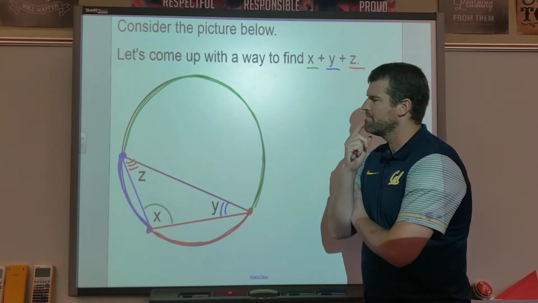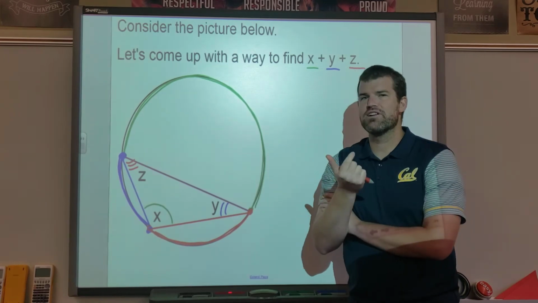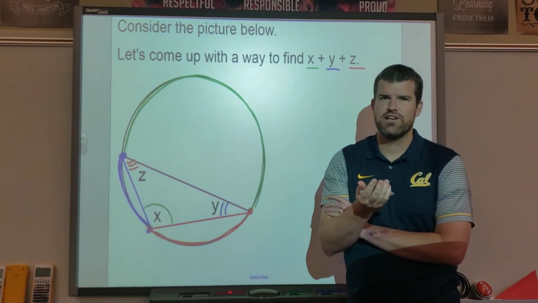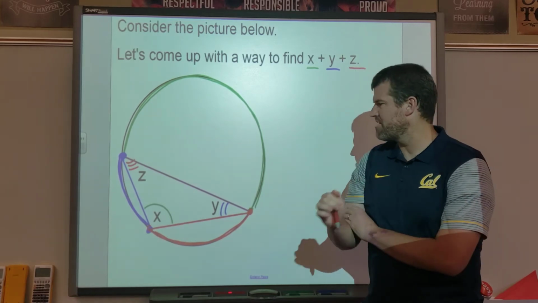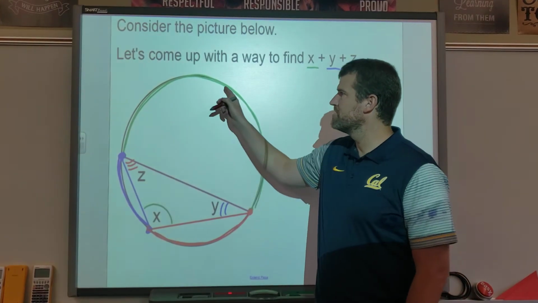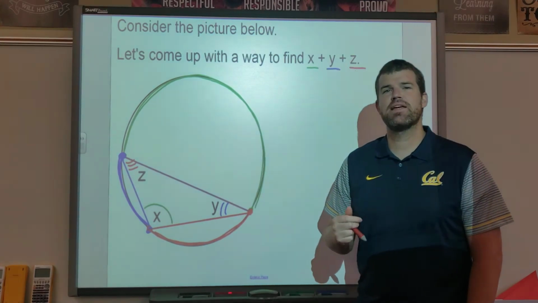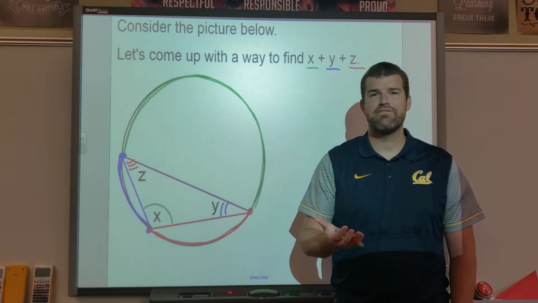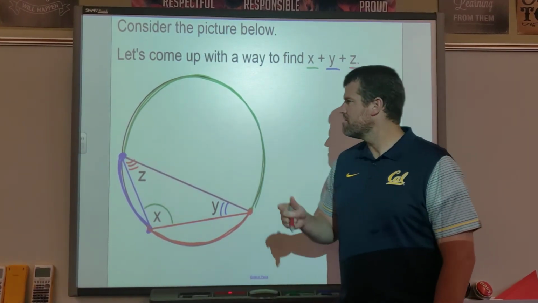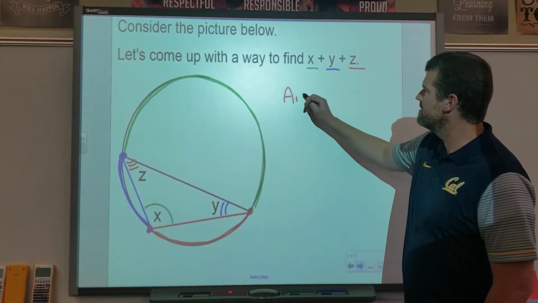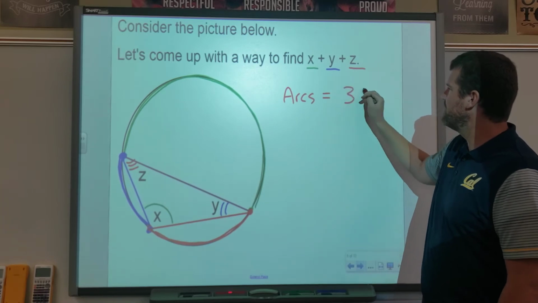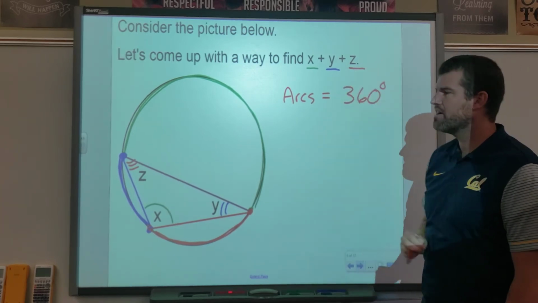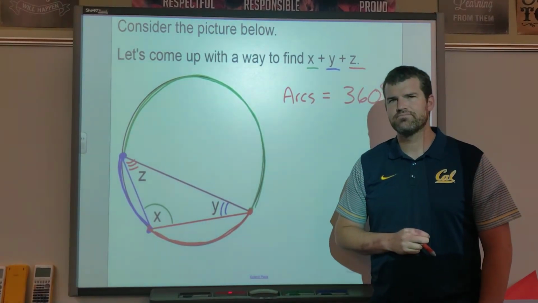Okay, well that tells me something. Because how many degrees are in a circle? 360. And then what do we know to be true about every inscribed angle compared to its arc? The inscribed angle will be half of the arc. So if the arcs of x, y, and z all add up to 360 degrees, they form that full circle.